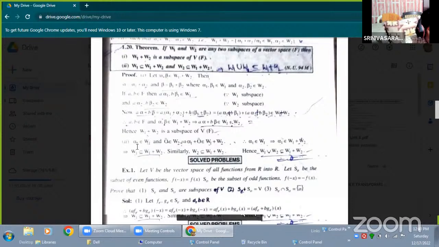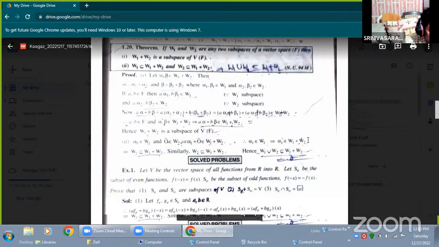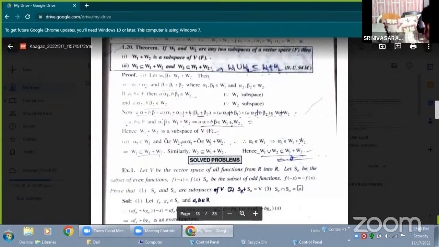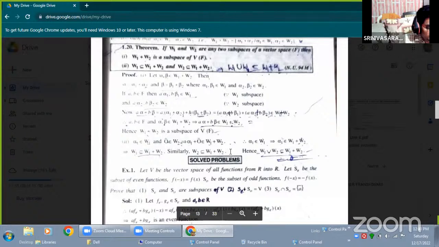Therefore, the same element is also present in W1 plus W2, the sum of the subspaces. That's why W1 is contained in or equal to W1 plus W2. In the same manner, we can prove that W2 is contained in or equal to W1 plus W2. Therefore, the union of the two subspaces is contained in or equal to W1 plus W2.